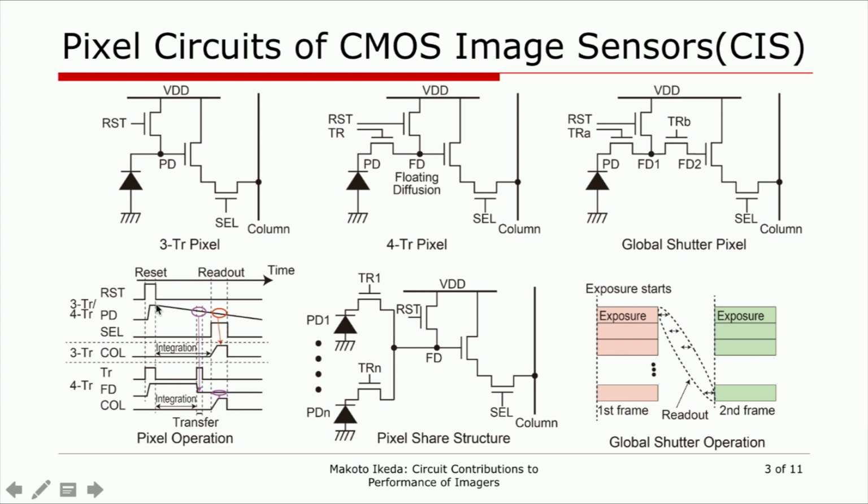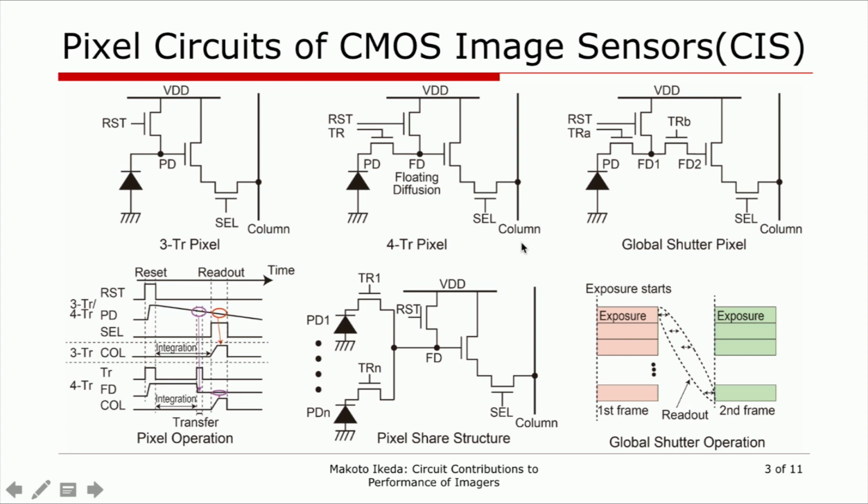Then the signal will be discharged according to the illumination of the light coming into your photodiode. And after a while, the signal will be read out through the source follower to the column. In the case of 4 transistor pixels, after the integration time, the signal is transferred to the floating diffusion node through these transistors and read out through the column.